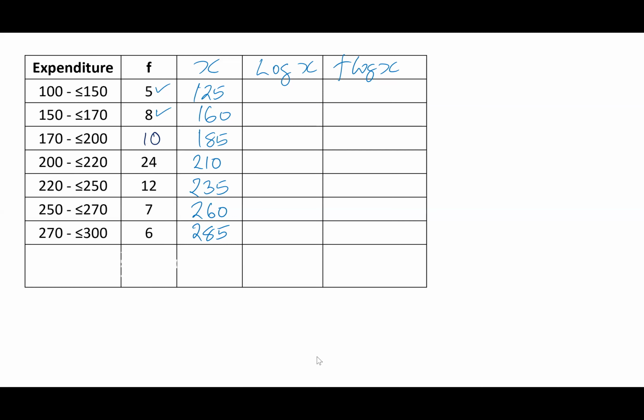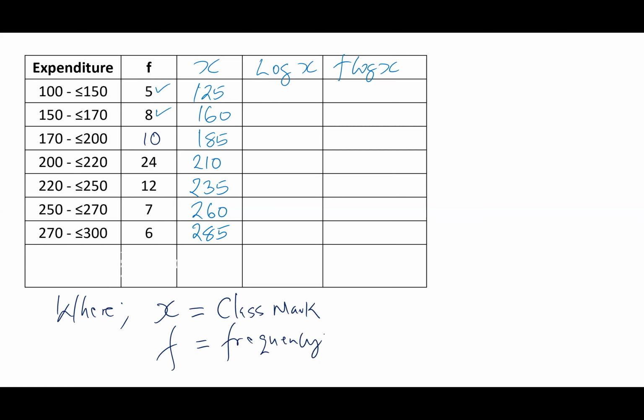This is not the density. Someone is asking, is it the density? No, that's not the density, my sister. This is X, the class mark, where X is the class mark and F is the frequency. We are not yet on the frequency density.